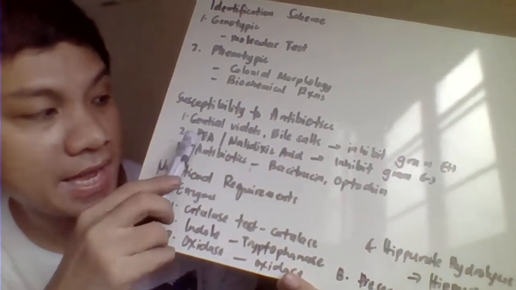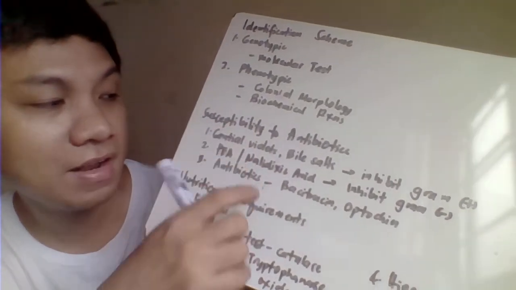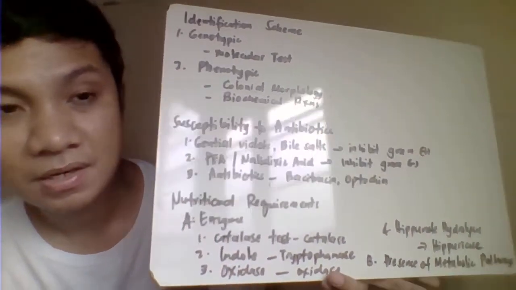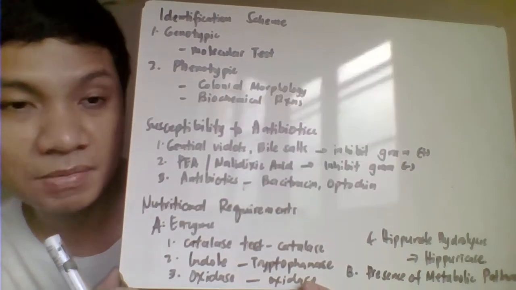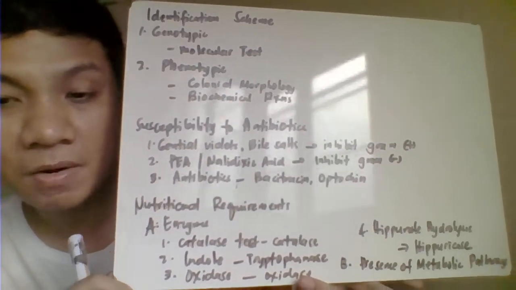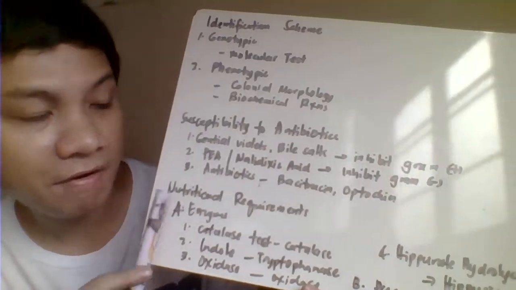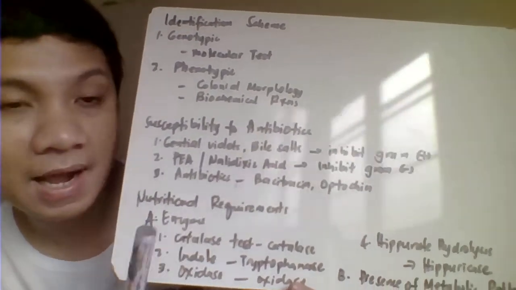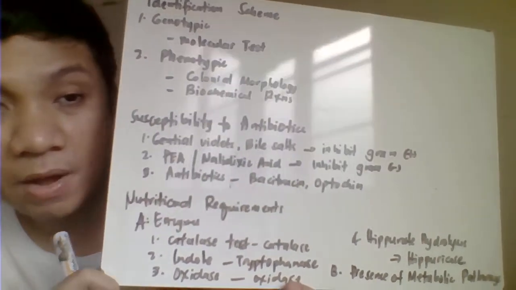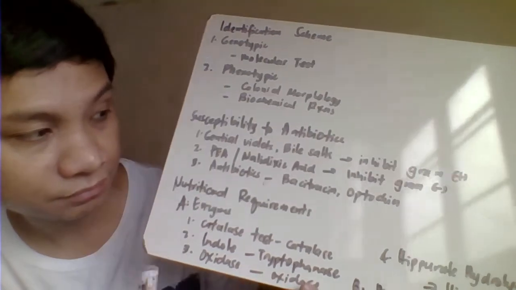Your dyes, gentian violet, crystal violet, and many dyes are inhibitory to your gram positive. Meaning to say, if you incorporate the dye, your gram positive will not grow. Then we have phenylethyl alcohol, colistin, and nalidixic acid, which allow the growth only of your gram-positive but not your gram-negative.